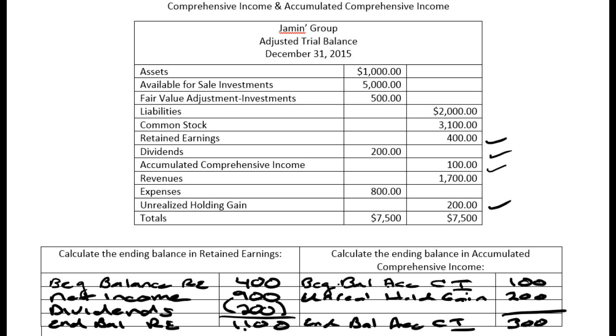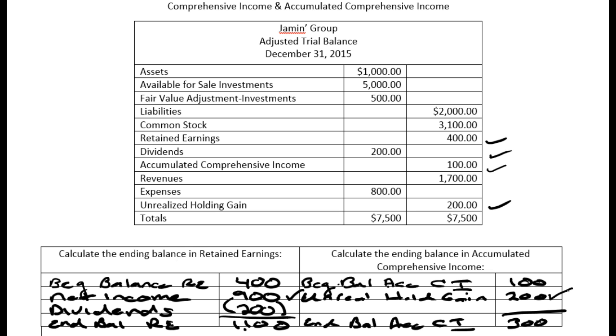You'll recall that our comprehensive income total for the year was $1,100, $900 of which we can pick up in retained earnings because it was allowed to be picked up on the income statement, and $200 of which we picked up in accumulated comprehensive income because generally accepted accounting principles doesn't allow you to pick up holding gains on available for sale adjustments.